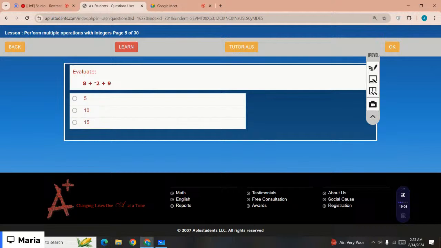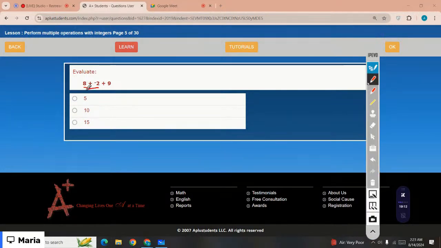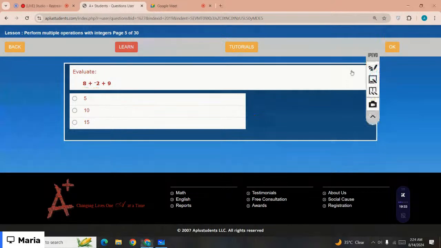It's okay if you do know about grade 6 math, right? Very good. So just add, going from left to right. 8 plus negative 2 is basically adding a negative, so that is the same as subtracting. So 8 minus 2 is 6, and then you have to do 6 plus 9. Very good. Option number 3 is the correct option, right?